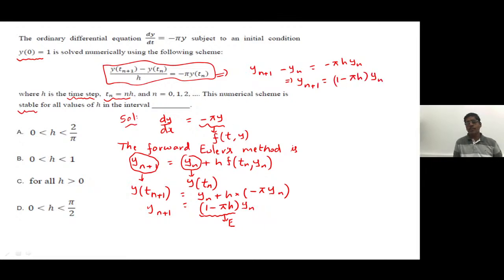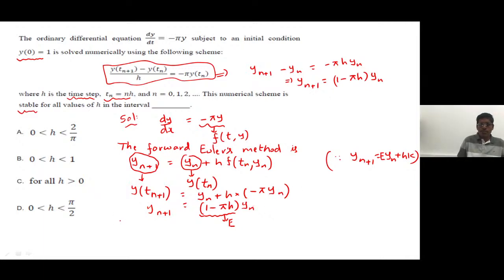That means your forward Euler's iteration method is finally converted like this, and it is already given in the highlighted rectangle in the question. Usually the standard form is y_n+1 is equal to E times y_n plus h times k, where h is the step size, I mean time step, and k is a constant or contains t variable terms, t being independent. But here k becomes 0 on comparing.